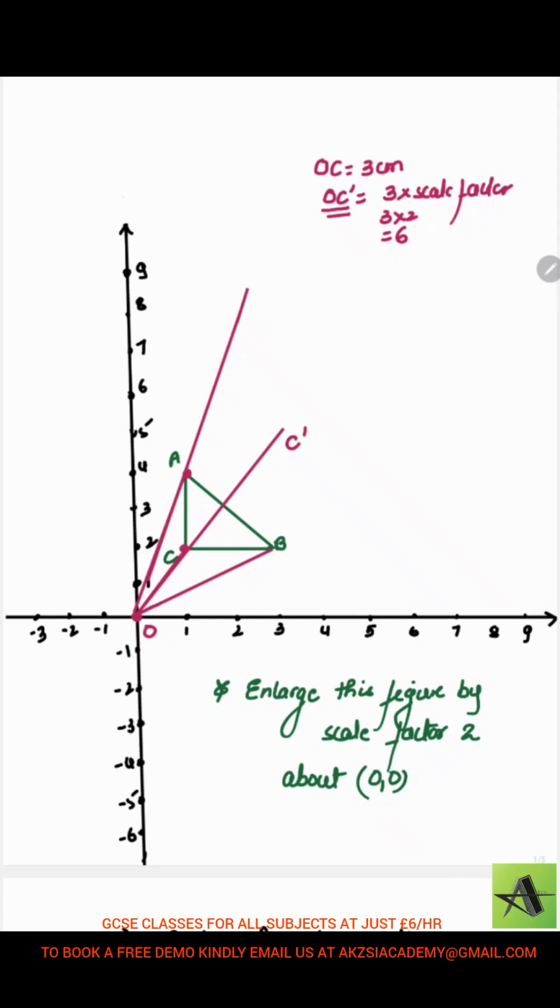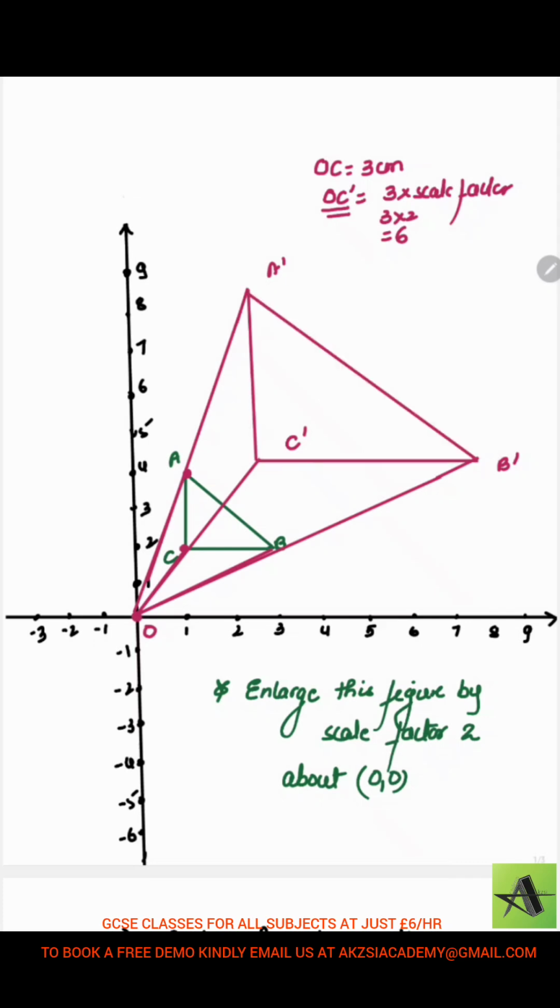Now after it, I'll trace it, and this would be my new length. This would be B dash and this would be A dash. Now I need to join them all together. So this would be your enlarged figure.